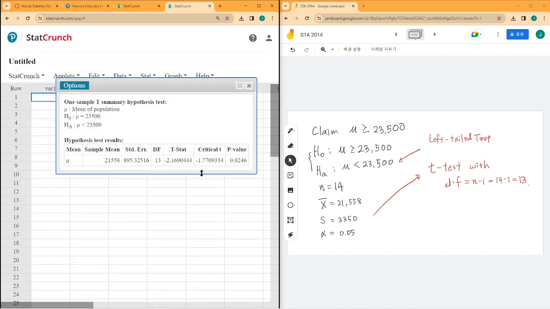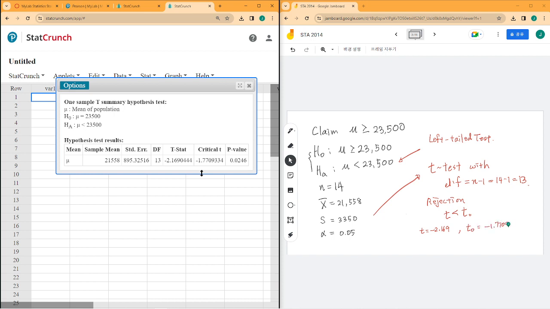In this case, if you have to construct a rejection region, the rejection region is where the test statistic is less than the critical value, T0. Here the test statistic is negative 2.169, that is T, and we have T0 as negative 1.7709.